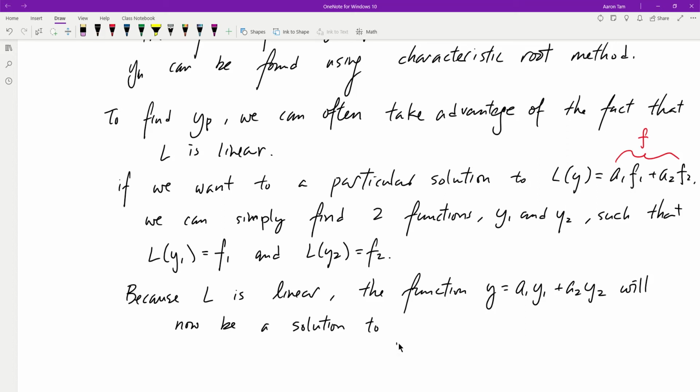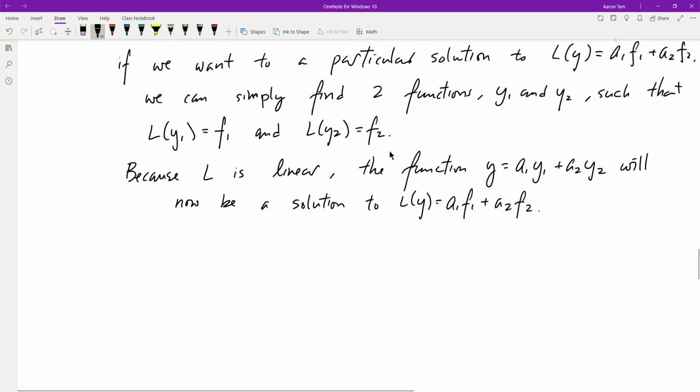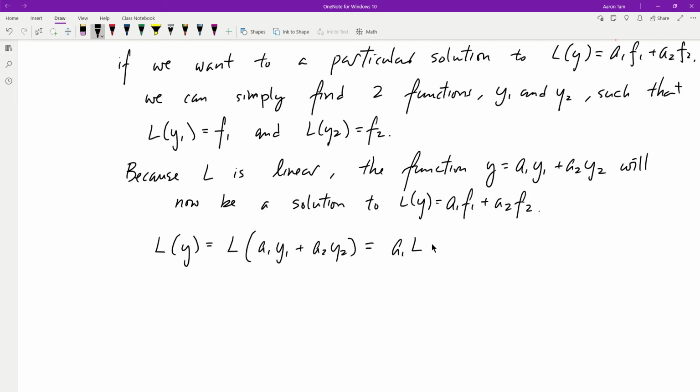How? Well, let's take a look. Let's put in L of y. What is y? Well, y is a1 y1 plus a2 y2. Based on the fact that L is linear, I can separate and pull out the constants. So it becomes a1 L of y1 plus a2 L of y2.